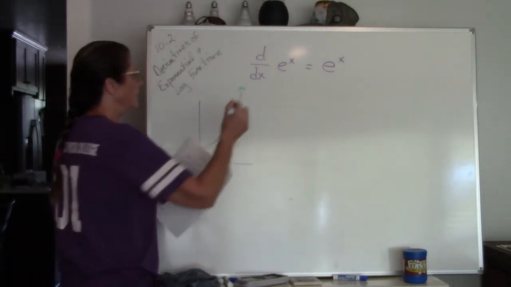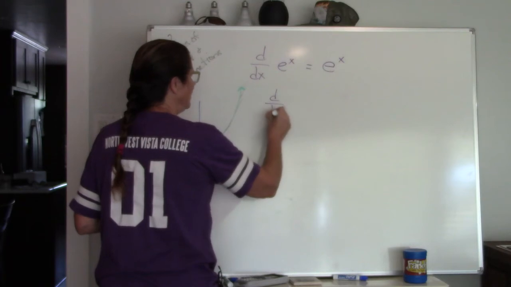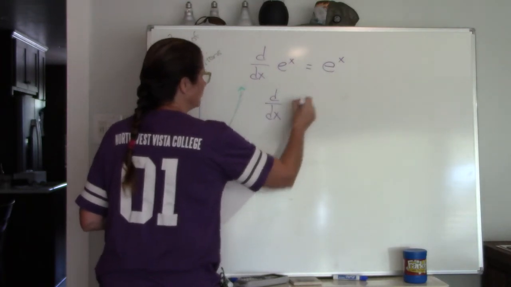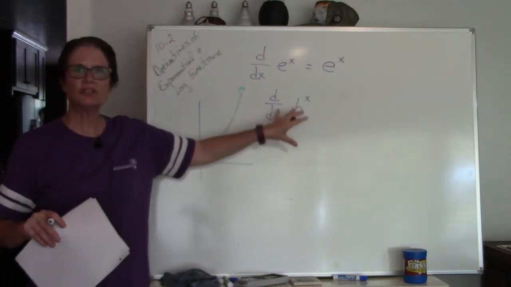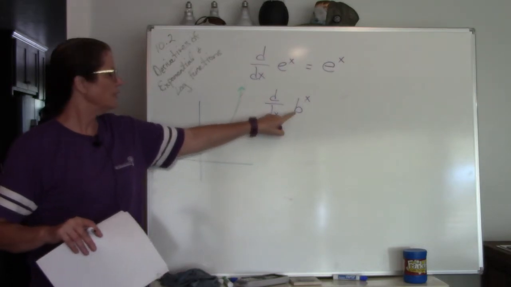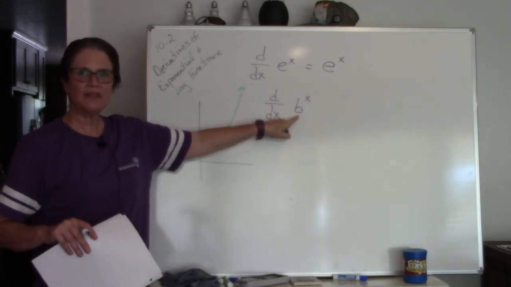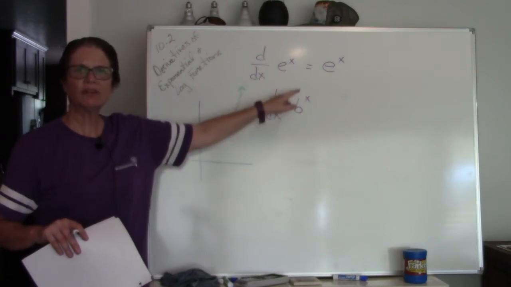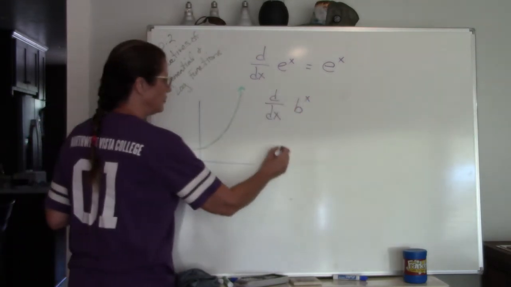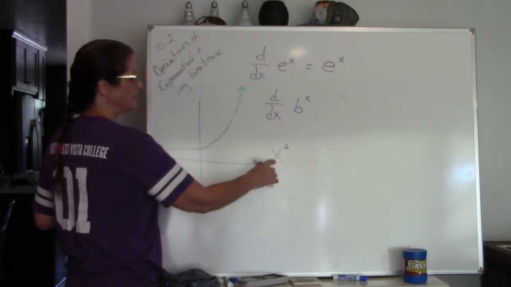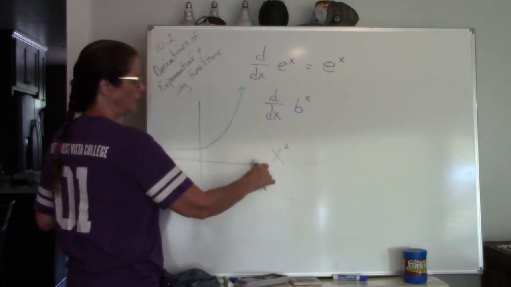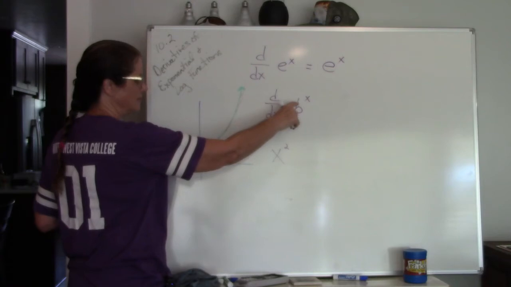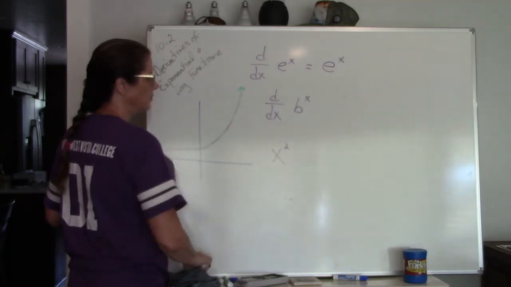The derivative of any other exponential function. This is a very generalized format. This b stands for your base, and x is the exponent. This is different from a function like x squared, where the base is the variable and the exponent is the number. Here, the base is the number, and the exponent is the variable.